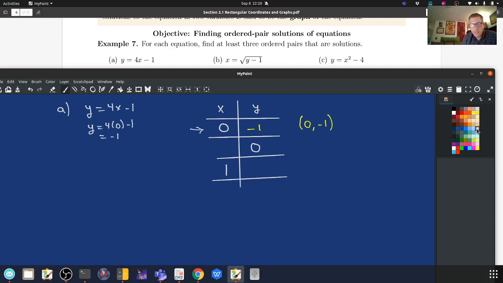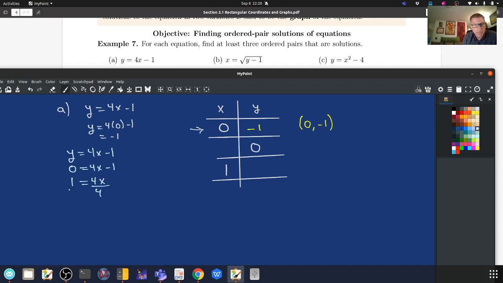So for the second go, again we have y is equal to 4x minus 1. This time I'm going to make y be equal to 0 and solve for x. So 0 is equal to 4x minus 1. I'm going to move the minus 1 to the other side and change its sign. So I'm just solving an easy linear equation.